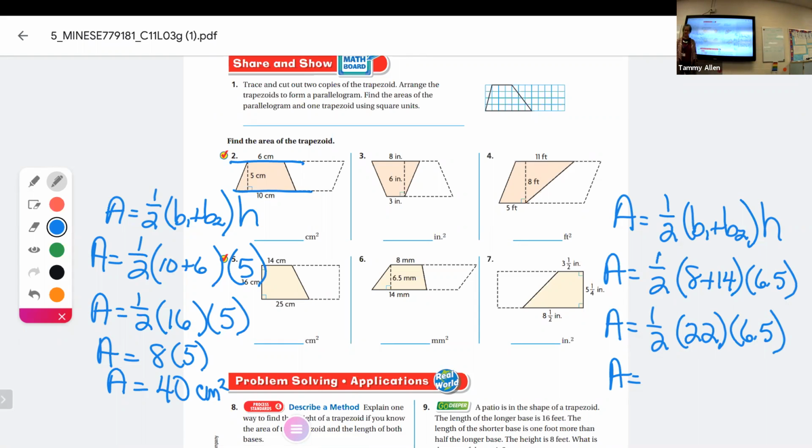How about your next step? 6 and 5 tenths? So when you multiply 11 by 6 and 5 tenths, what did you get? 71 and 5 tenths? In your label? Good.